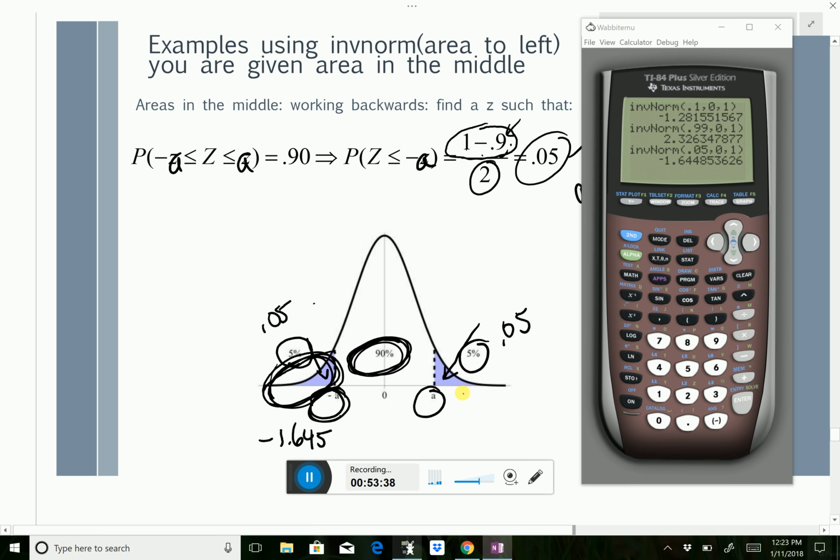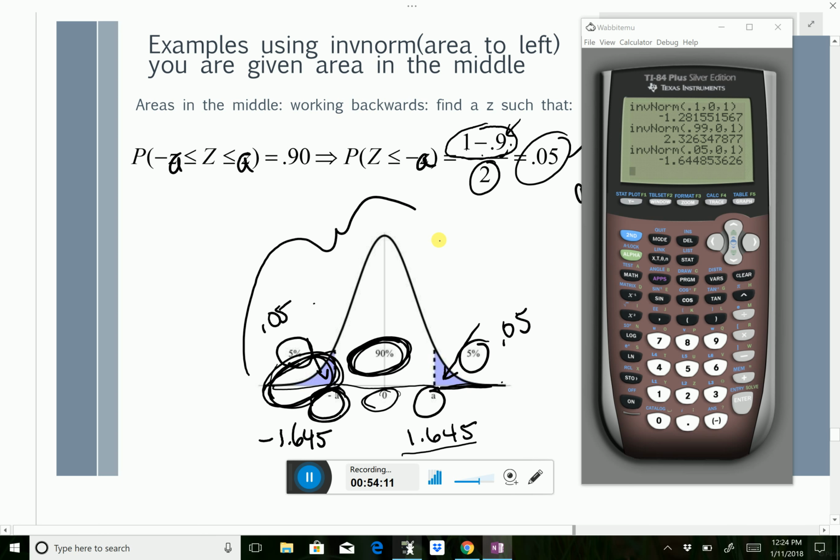And now let's find this one. Now we could also say this is negative a, so this is positive a, and that is a true statement. We won't be able to do that when we leave the standard normal distribution. This is only because this is symmetric about 0. When I'm symmetric about 10, it's not going to work. So another way to find this point is, remember, area to the right is 0.05, so the area to the left must be 0.95.